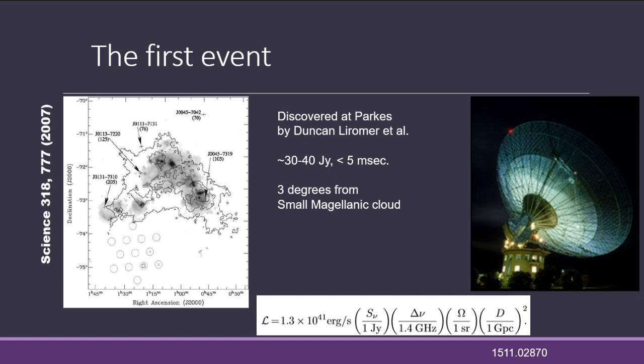So in this equation the normalization corresponds to a mildly beamed event. And we see that already with this normalization the luminosity is huge, 10 to the 41 ergs per second. Let me recall that the luminosity of the sun, the solar luminosity, is 4 times 10 to the 33 ergs per second. Here we have much more, and in radio.